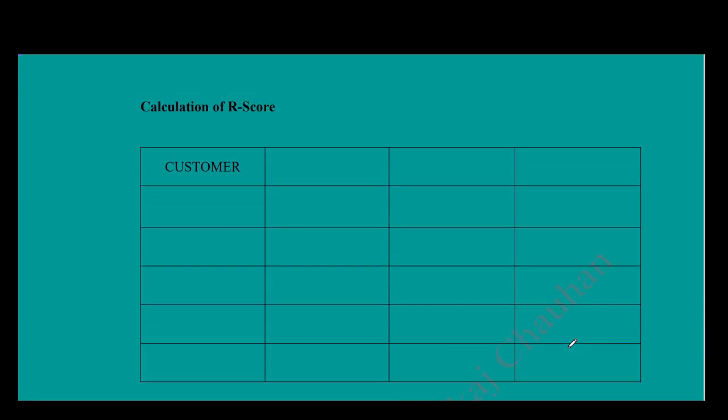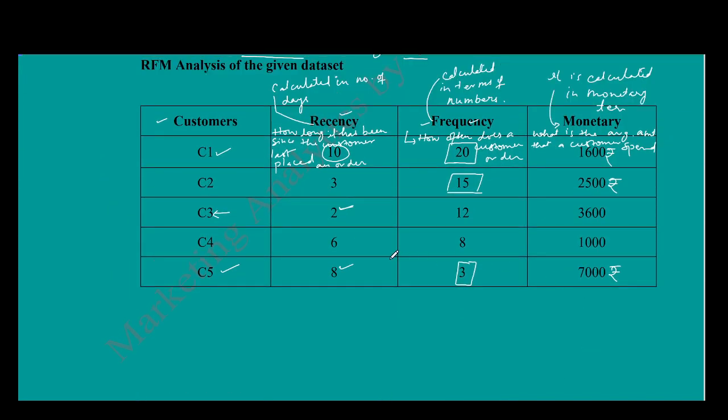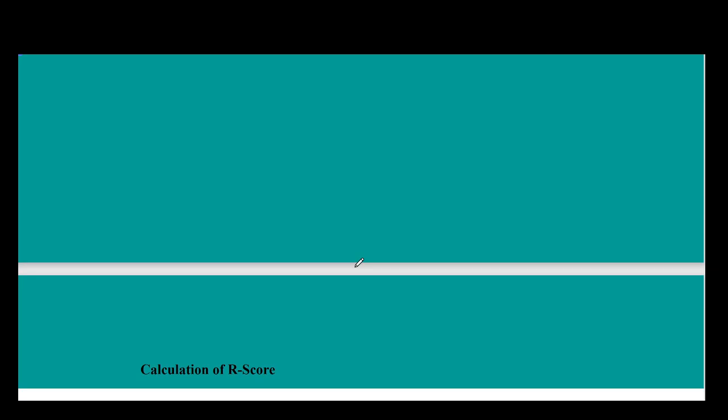Now, this is the blank table. What we will do here is we will refer to the given data set that I have mentioned here, C1 to C5, and the recency values were 10, 3, 2, 6, and 8, right? So I just mentioned here so that we will be referring to this.